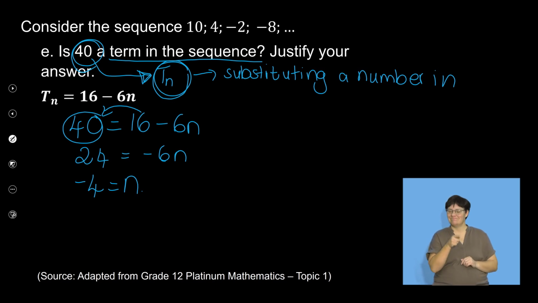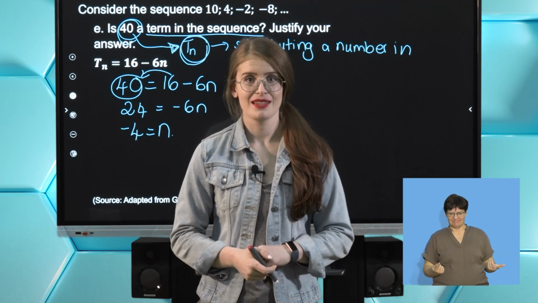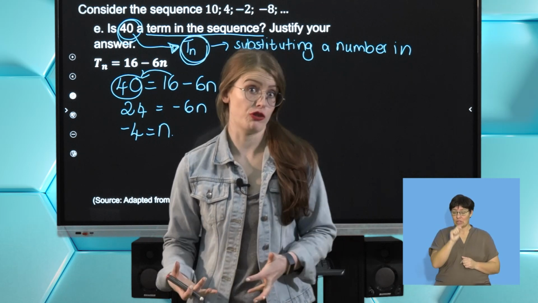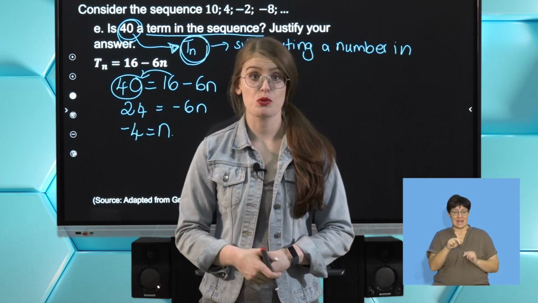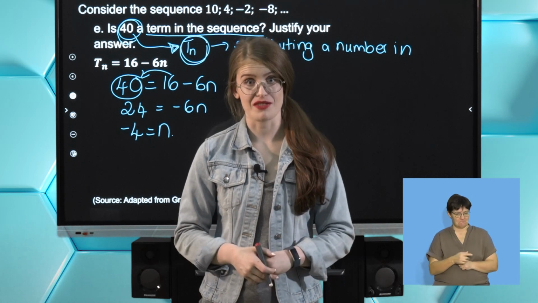This has posed a problem: we can't find the negative 4th part of a pattern. Terms are whole numbers. If term 4 was 40, then it would be acceptable. But because n is equal to negative 4, 40 is not a part of this pattern.